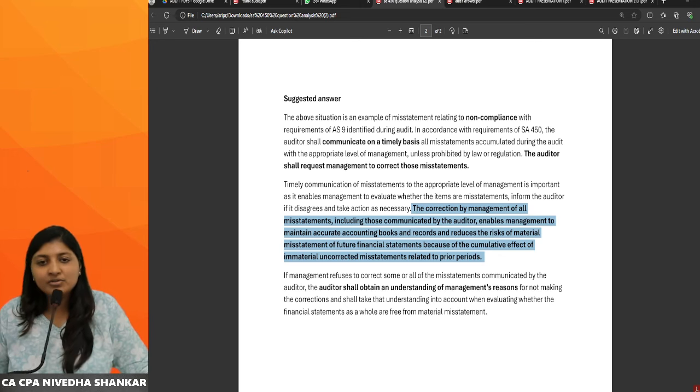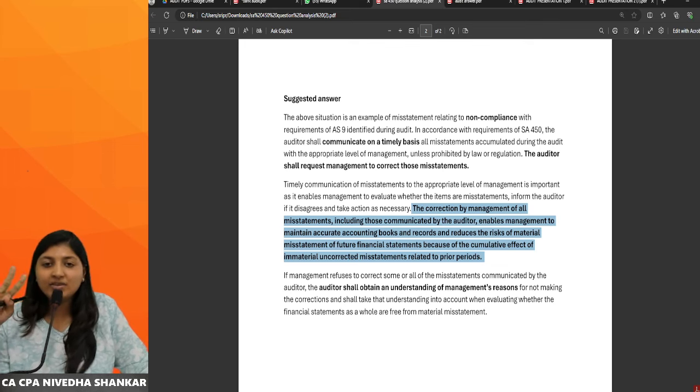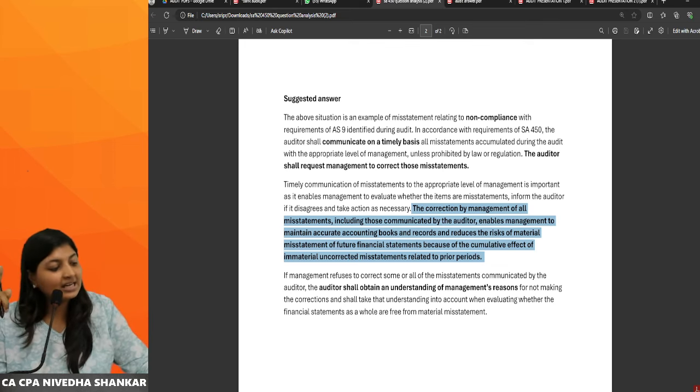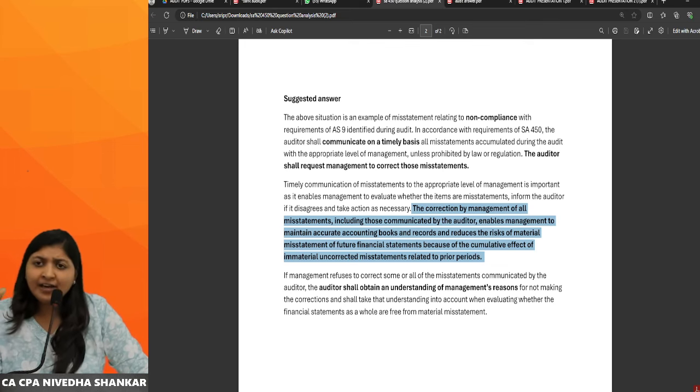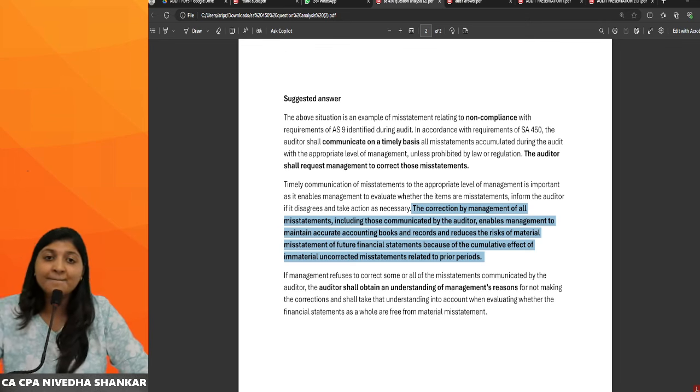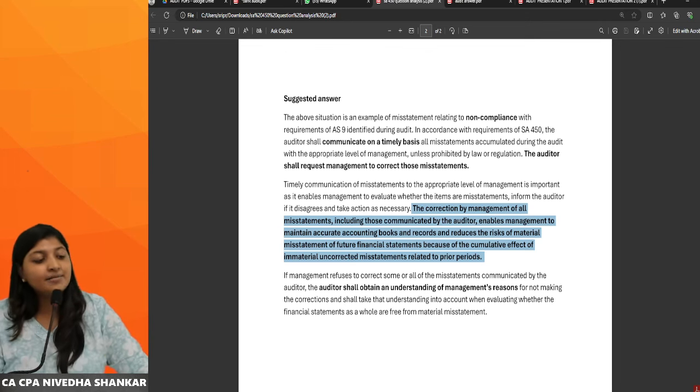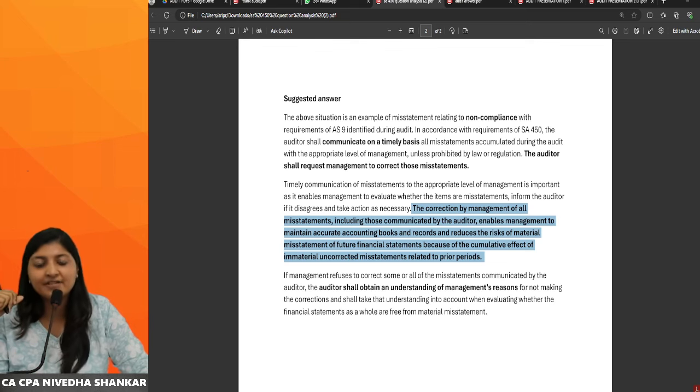When can you come to this conclusion? If you are able to write what are the two things which are to be communicated, that is, the first one is the size and nature of the uncorrected misstatement and the effect of the ABCD on the financial statements, and the effect of the prior period uncorrected misstatements on the ABCD and financial statements.